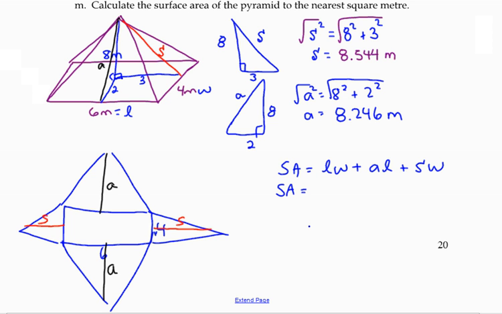Okay, so what's my length? 6 times 4 plus A is 6 times L. It's really important that A and L go together. A times L plus S times 8.544 times 4.